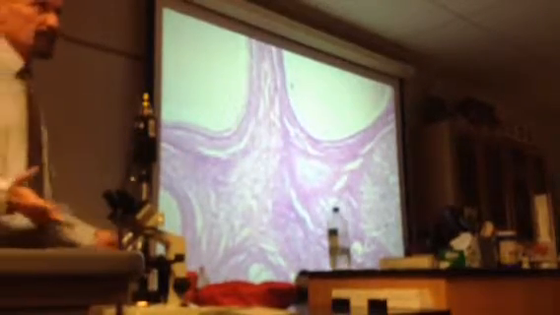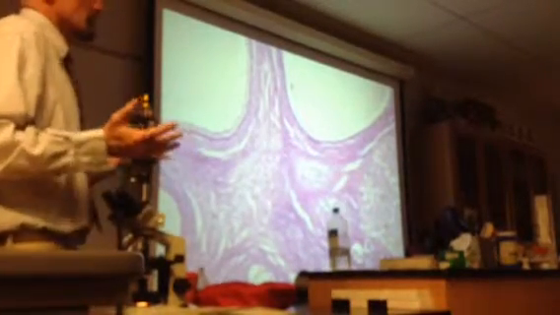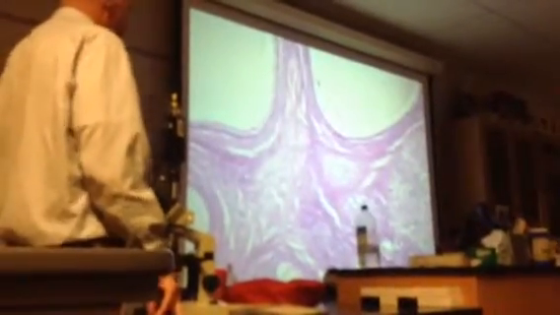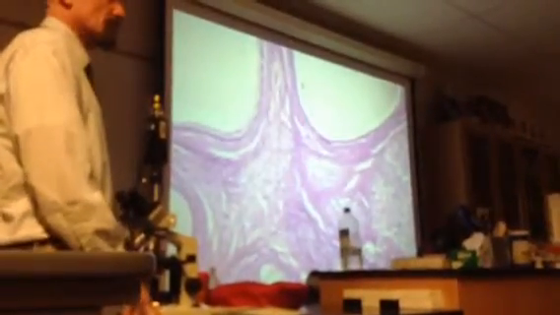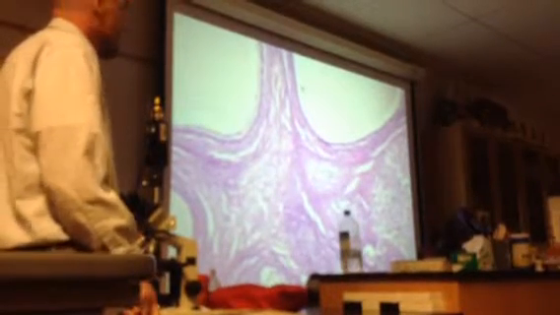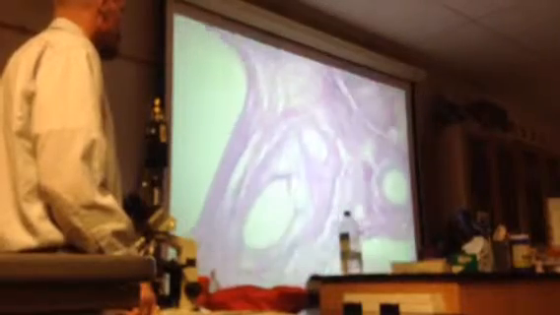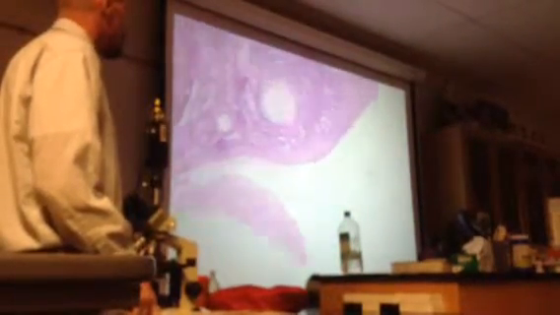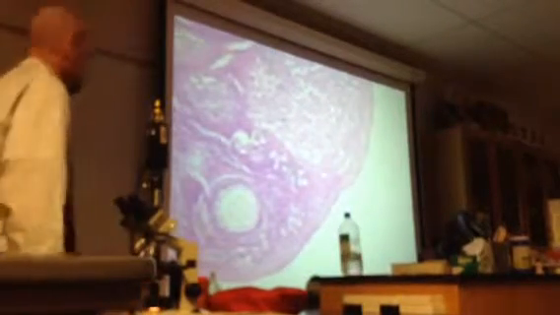Sometimes it's more apparent than others, but if it's in the center of the ovary, it's the ovarian medulla. If it's on the periphery, I think these slides get pretty mangled up during processing, but the follicles should, in theory, be in the cortex, in the periphery. It doesn't always work out that way on some of these slides. You can see it's pretty beat up there. Okay, this is not the best one.